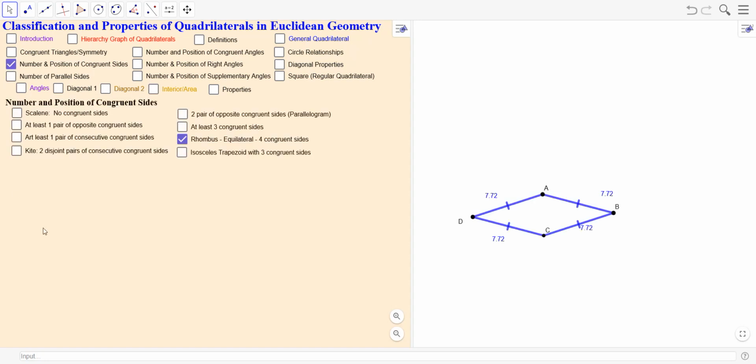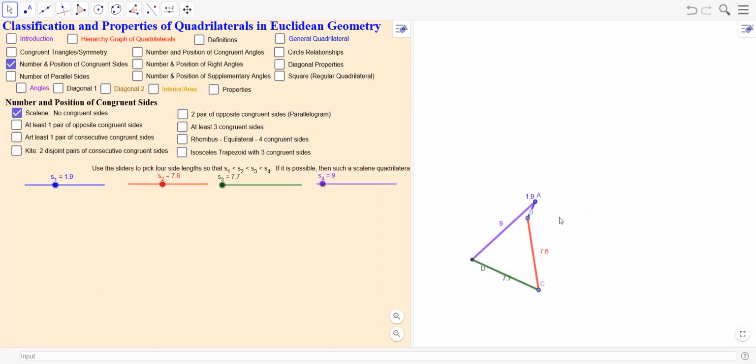activity here. One of the things we could do is look at whether we have any sides that are congruent. The first way is to have something with no sides congruent. Following the version we have for triangles, we'll call this a scalene.